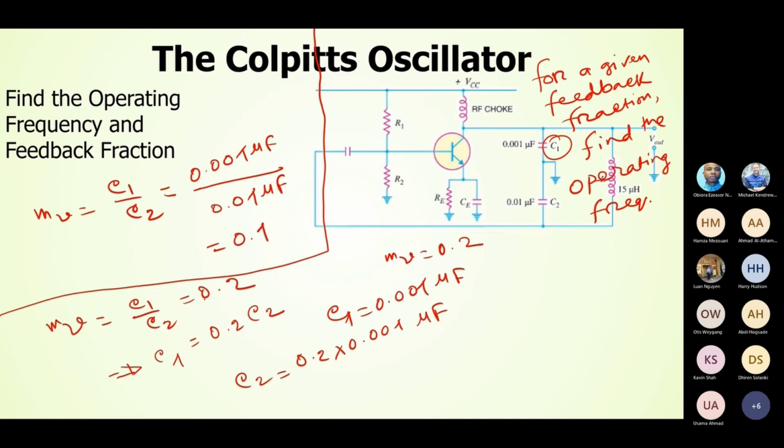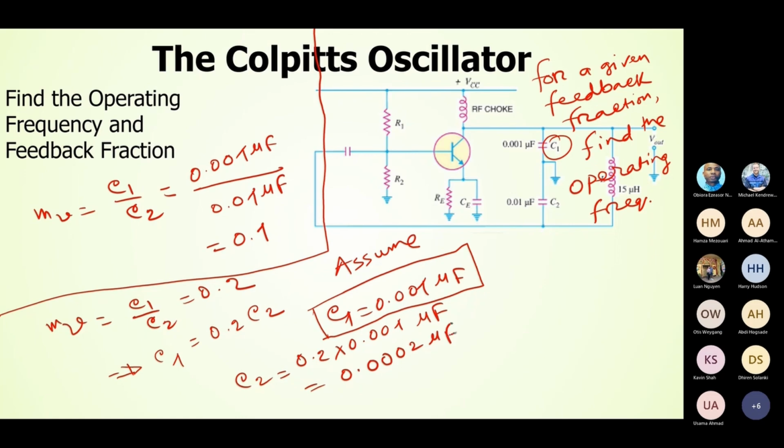Okay. So let's say my feedback fraction is 0.2. So from this formula, I can find C1 equals 0.2 C2. Since you are not given the value, let's assume that my capacitor C1 is this. You can assume whatever values you like. So this would mean C2 is 0.0002 microfarad.